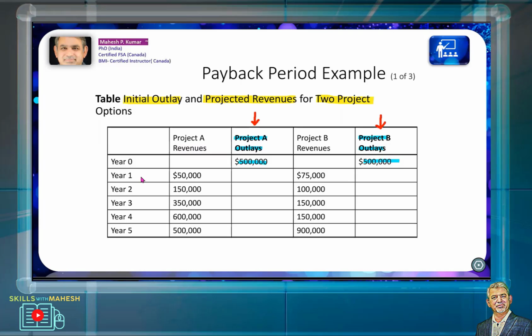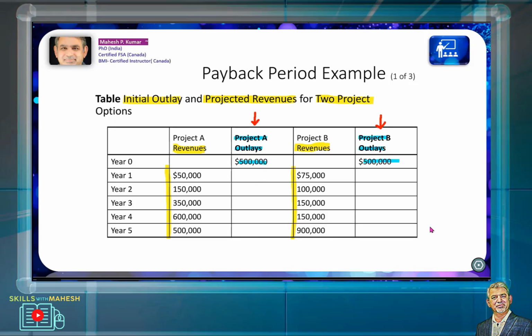Okay, so if I do project A, revenues would be something like these. 50,000 first year, second year 150,000, 350,000, 600,000, 500,000 for project A for 5 years. So these estimates were made, right? Similarly, revenue projections for B were made, and these were the estimates for the same 5 years.